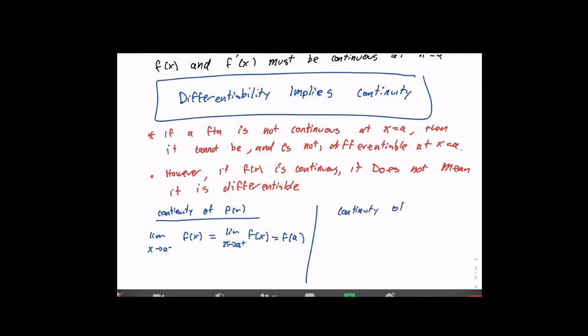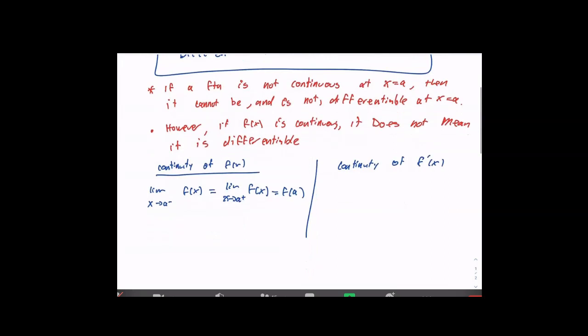Continuity of f prime of x. What we're saying here is that the left and right meet at a point.